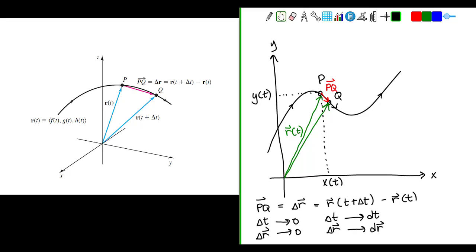So we could see that the position function changes at a certain rate, delta r. Let's look at that rate relative to the parameter t. Let's just call that a velocity.